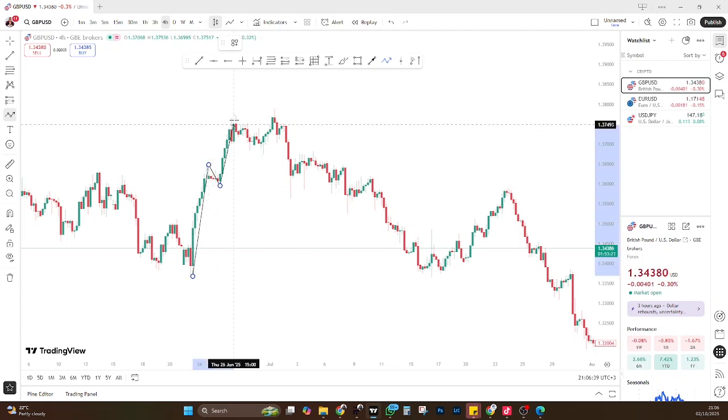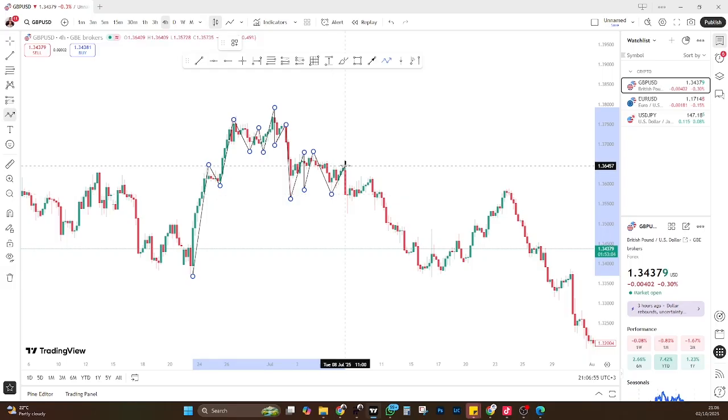we were moving in an up trend, and then there was a bit of a ranging market here, and then the market changed now to a down trend, and we are making a series of lower lows, lower highs, lower lows, lower highs, lower lows, lower highs.